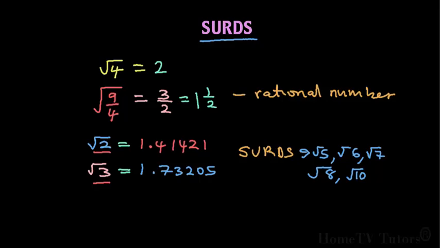The square root of 4 is a perfect square, so the square root of 4 cannot be called a surd. So if you have a positive whole number that is not a perfect square, then its square root is called what? Surds. So that's why we have square root 5, square root 6, 7, 8, 10, and so on.